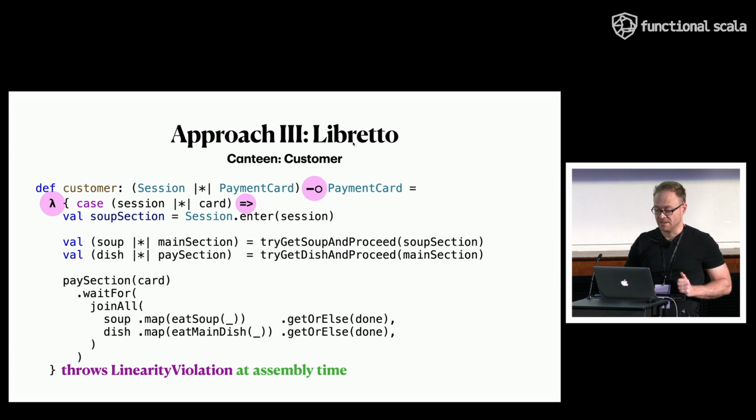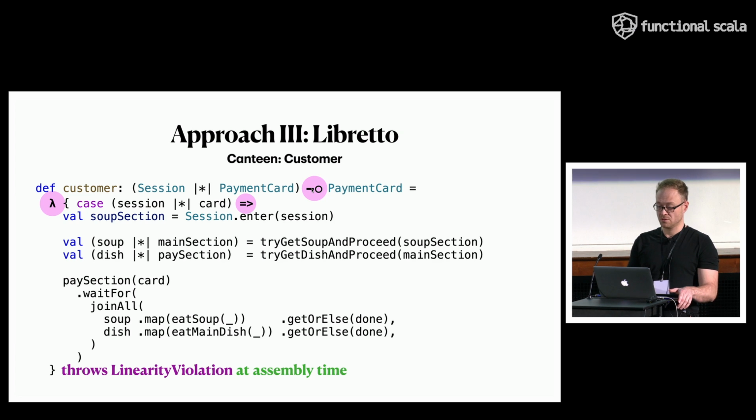What if this Scala function violates linearity? Then already this lambda throws an exception, which means we haven't even assembled the blueprint yet, so nothing could be executing yet. That's what I call an assembly time error.